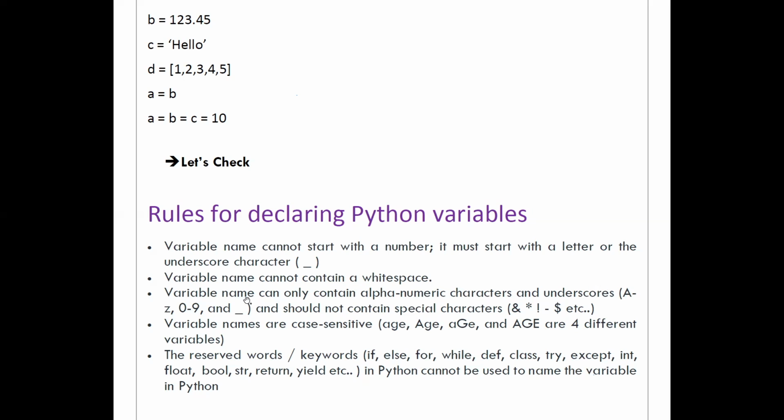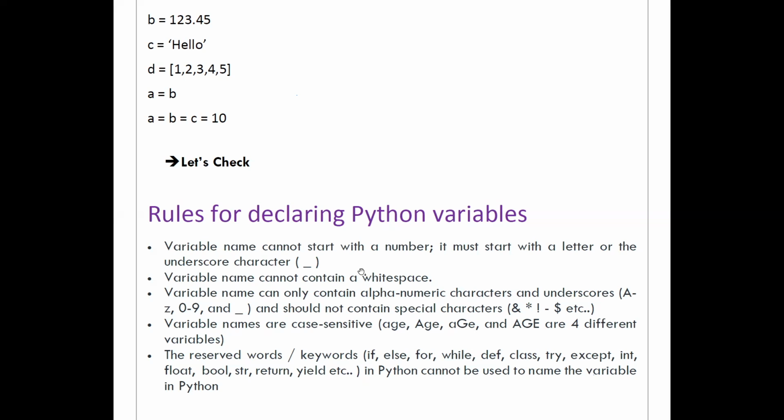A variable name can only contain alphanumeric characters, but it cannot start with a number. It must start with a letter or an underscore. For example, you cannot declare a variable name like 123 or 123ABC or 123name.